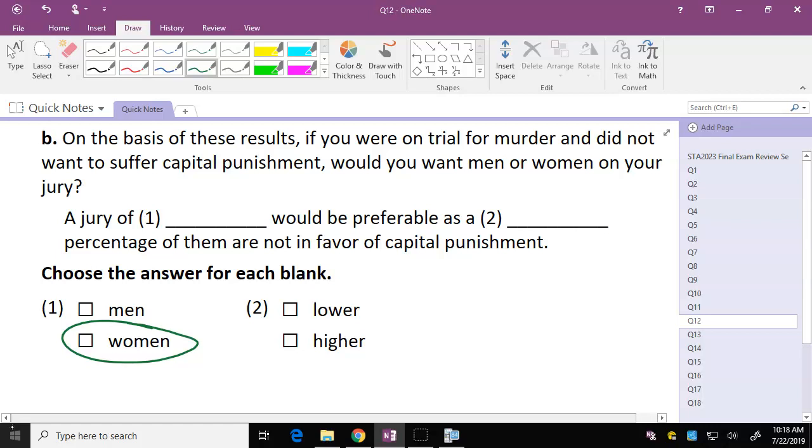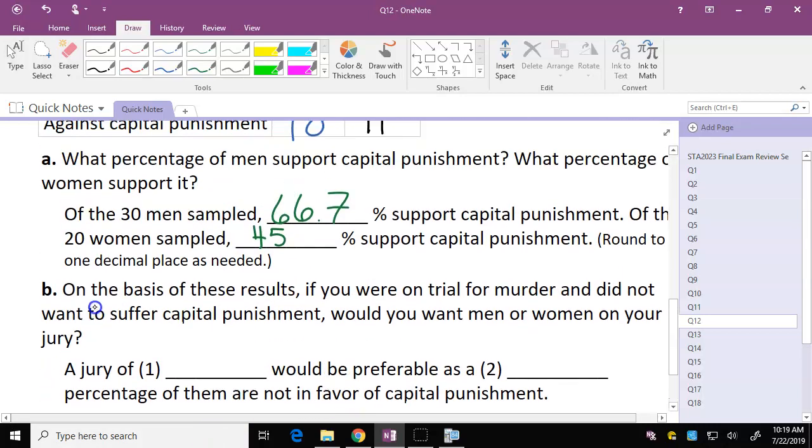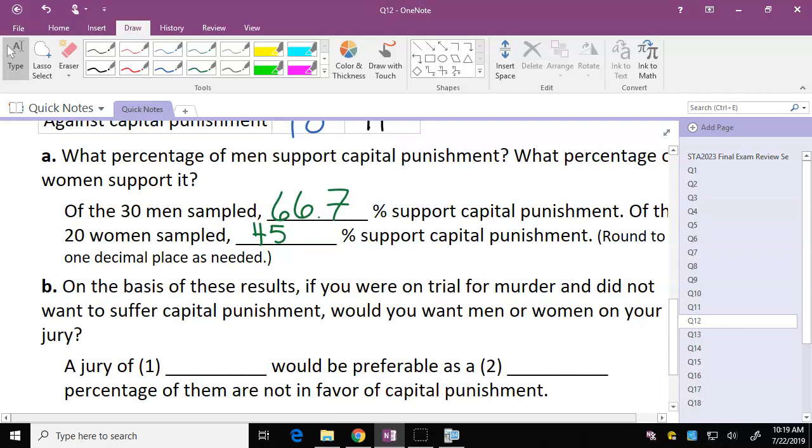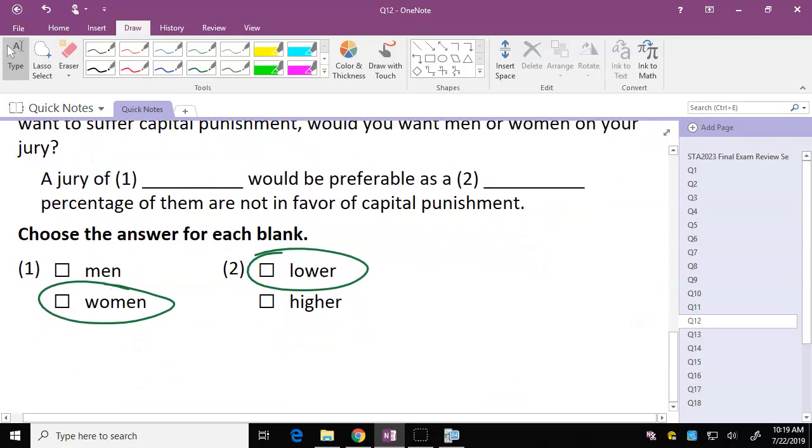Careful. A lower percentage. Their percentage was lower. If you chose the higher one, then that means you're probably going to go to jail for capital punishment. Okay? So yeah, you chose the lower one because you want more sympathetic vote.